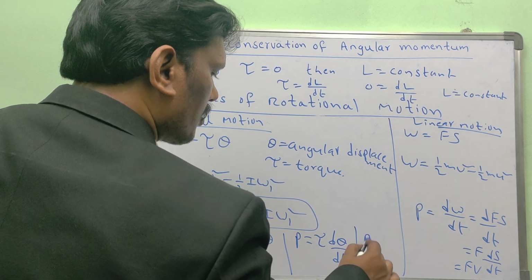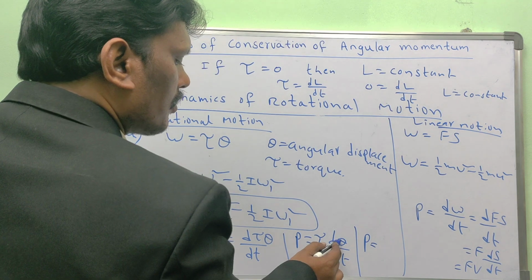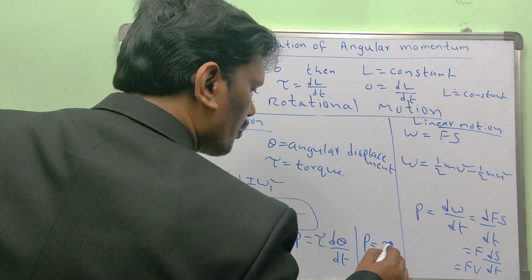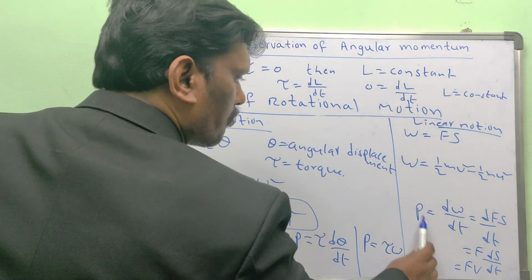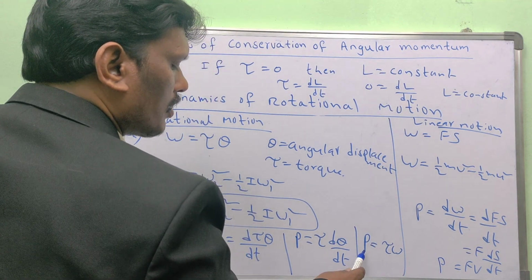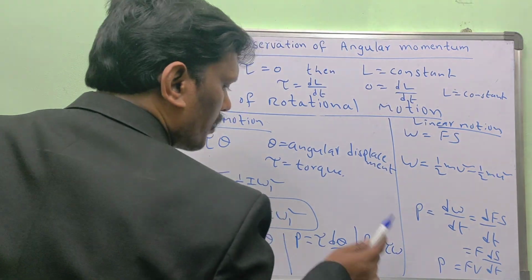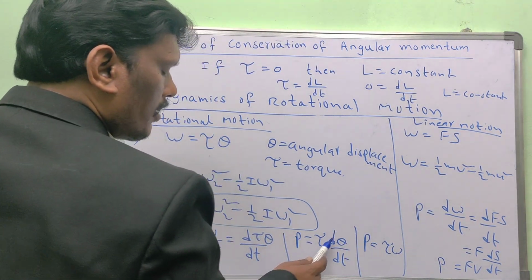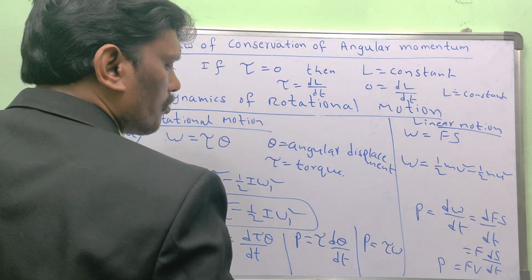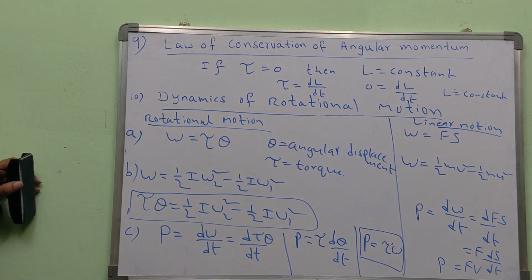It is the derivative of angular displacement, which is angular velocity omega. So power is equal to tau into omega. Force into velocity in linear motion, equivalent power in rotational motion, tau into omega. In place of F tau, in place of v omega. Why? Because the derivative of angular displacement is angular velocity. So P is equal to tau into omega. This is the required power in rotational motion. Note down, students.